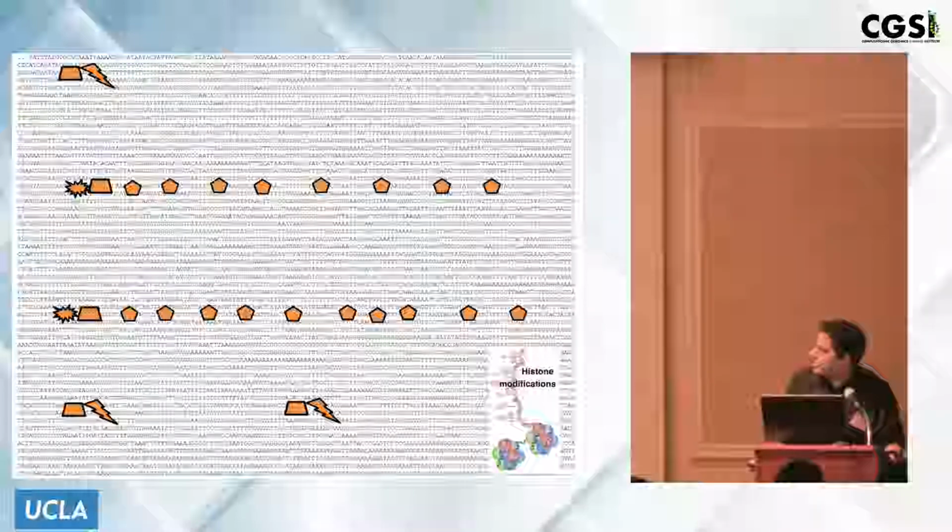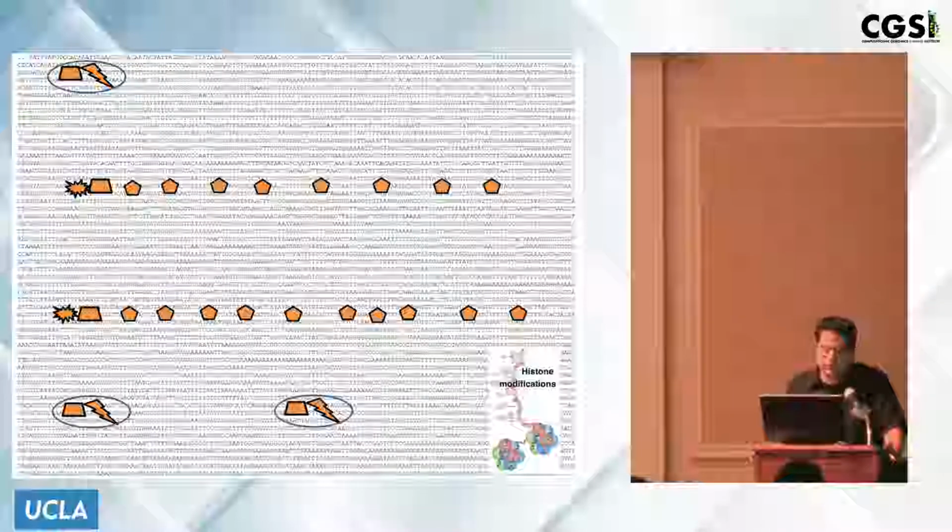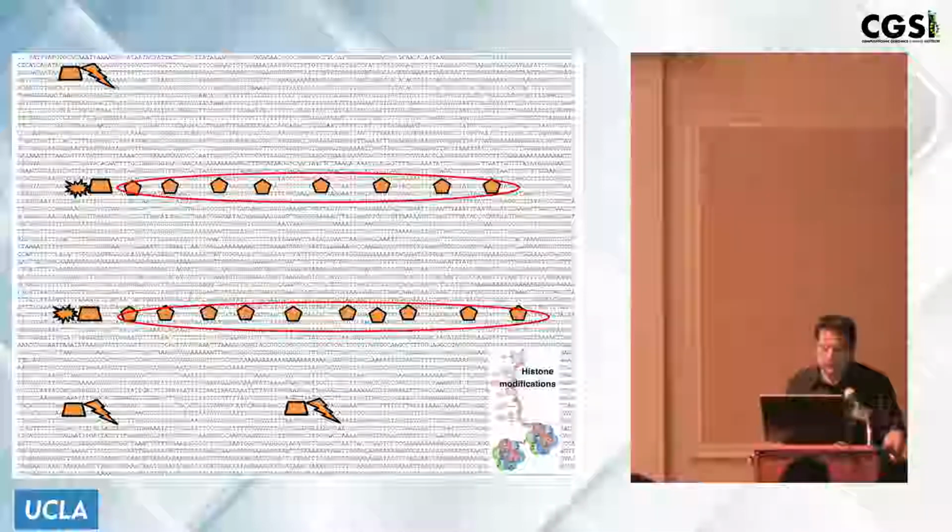What you might notice is that we could have recurring combinations of marks, or broad domains of marks. We would like one model which would de novo recognize these patterns. The assumption is that the reason we see these patterns recur across the genome is that they likely signify some class of elements in the genome.